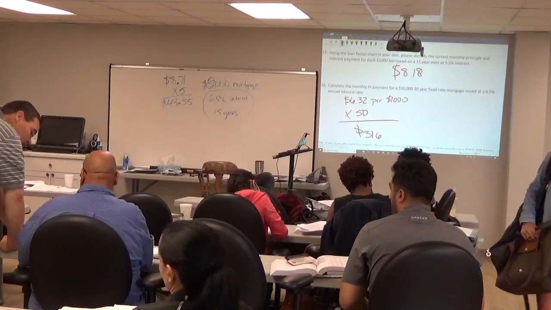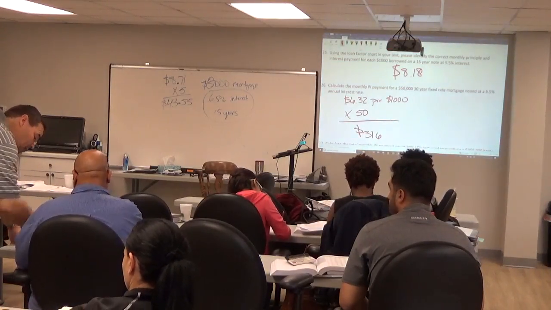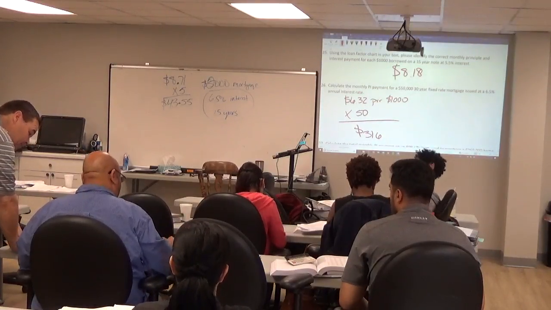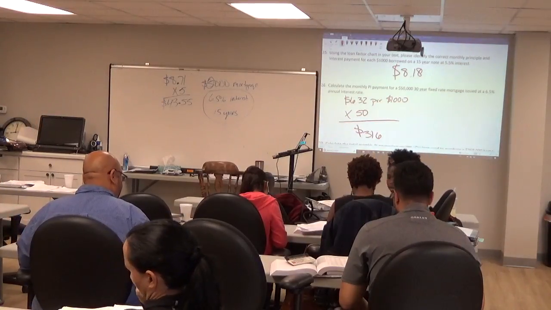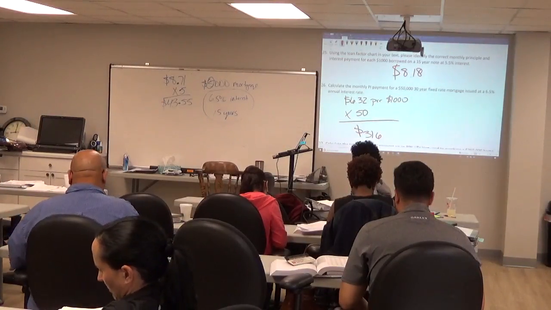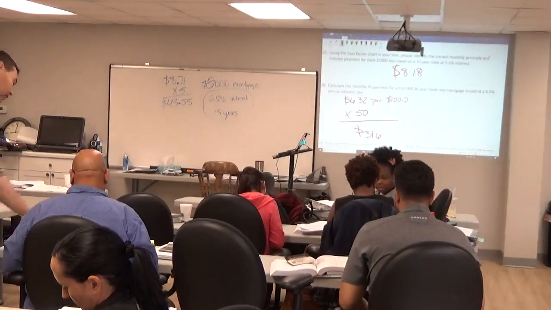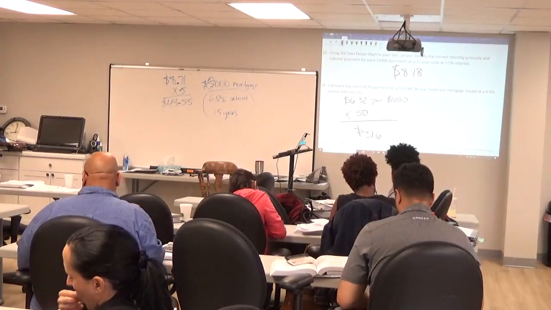What's the interest paid? They want just the interest. That's right. There's the interest. Same thing here. You got the total paid, but you want to know just the interest.